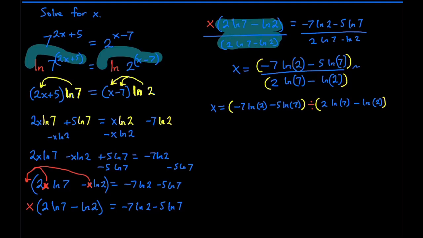Now, if I do it the way on the top, and I round to 4 decimal places, I get negative 4.5586. Now I'll do it the way I wrote it sideways here, just to make sure.